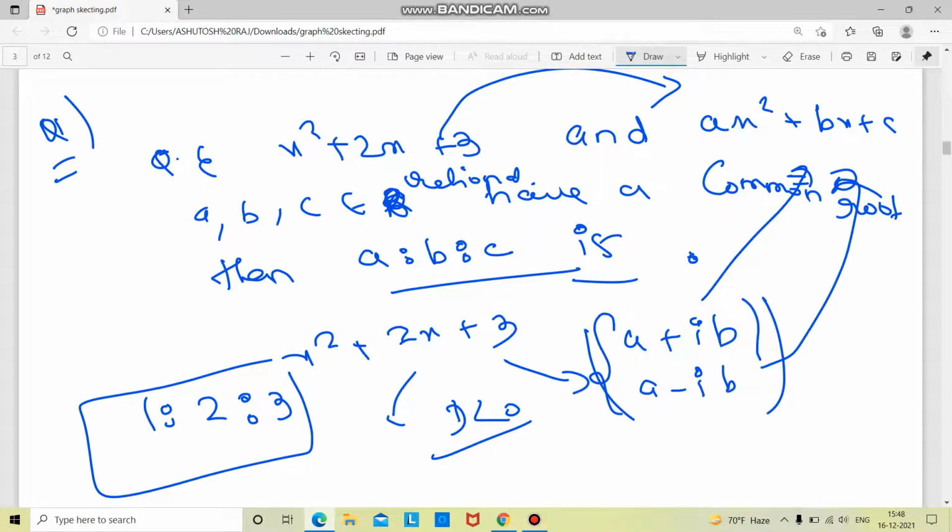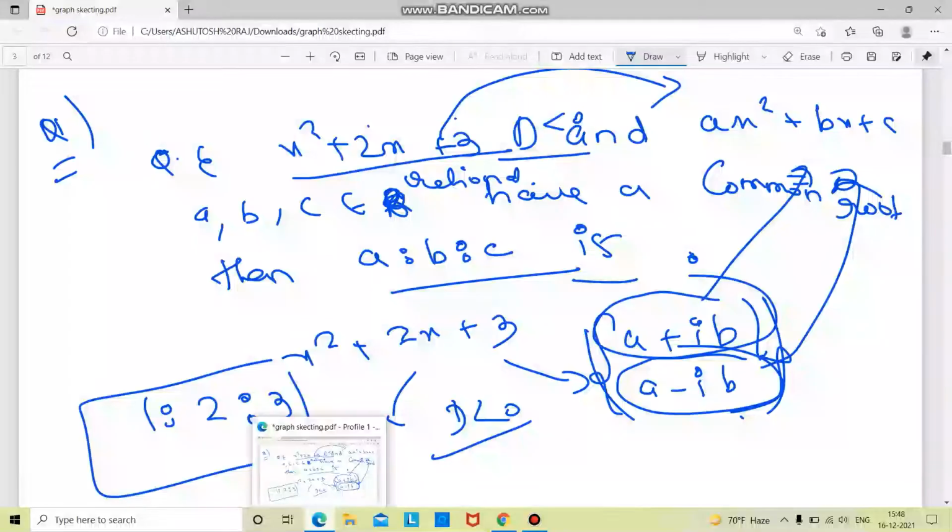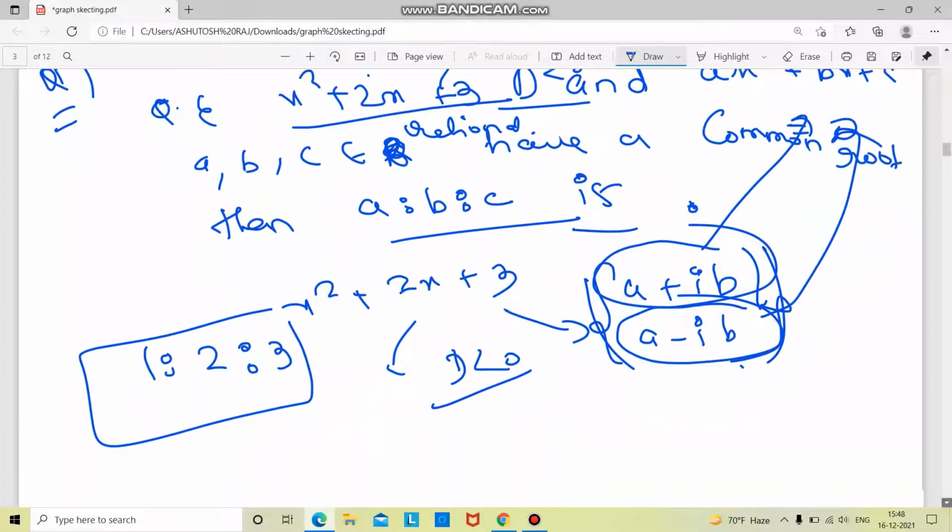As this equation has D less than 0 and it has rational coefficients, it has one root as a plus iota b and the second root as a minus iota b. This was the problem. We will move to the next problem.